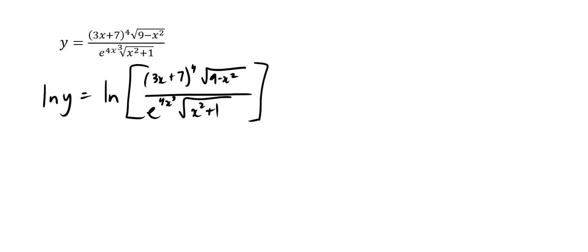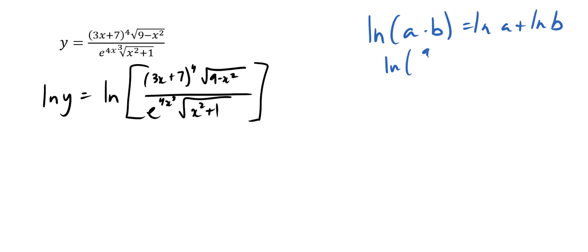Absolutely. In other words, ln of a times b equals ln of a plus ln of b, and ln of a over b equals ln a minus ln b. Can we use that property? We sure can. Let's do it.